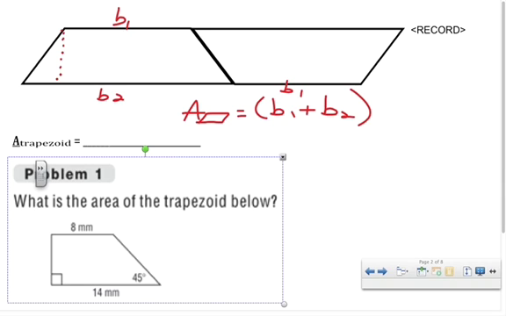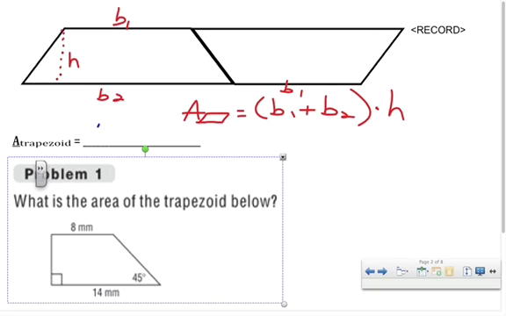And I know some of you are familiar with the formula, but I want you to understand why formulas are what they are. Okay, so the area of this parallelogram is base 1 plus base 2 times the height of the trapezoid, which I would hope you'd notice is also the height of our parallelogram. So that's the area of this parallelogram, but remember the area of the trapezoid is what fraction of this parallelogram?